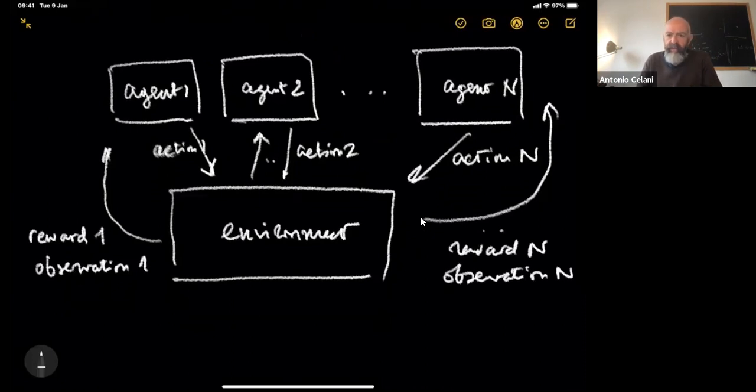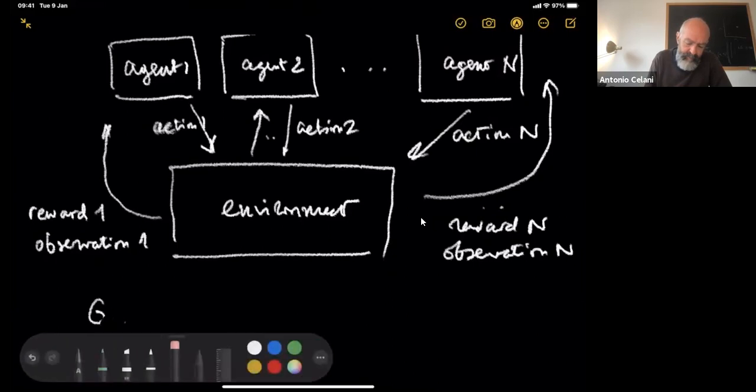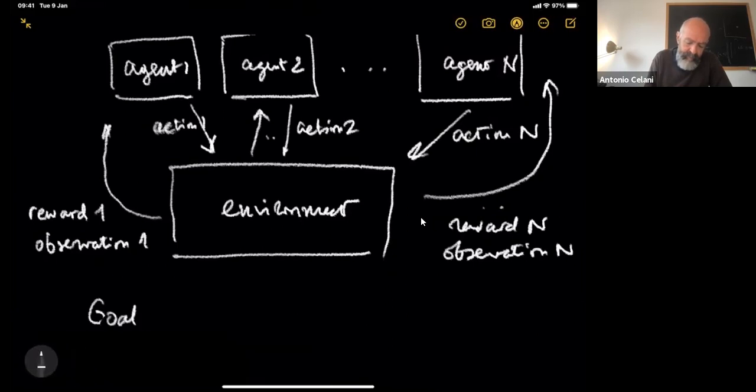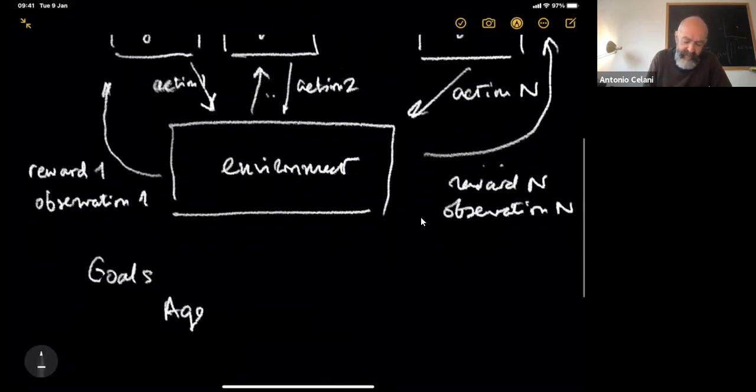What is the goal of this global decision process? Well, the goal is usually partitioned in N goals. So each agent has its own agenda. So the goals are for each agent. So agent i wants to choose a policy that we will define in a second.